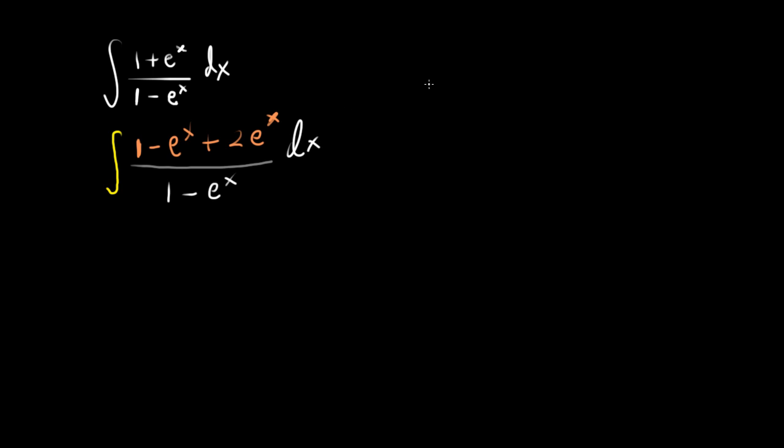And now I'm going to split it up, a bit like partial fractions, but not quite. So I'll write this as (1 minus e to the x) over (1 minus e to the x) plus 2e to the x over (1 minus e to the x), right?